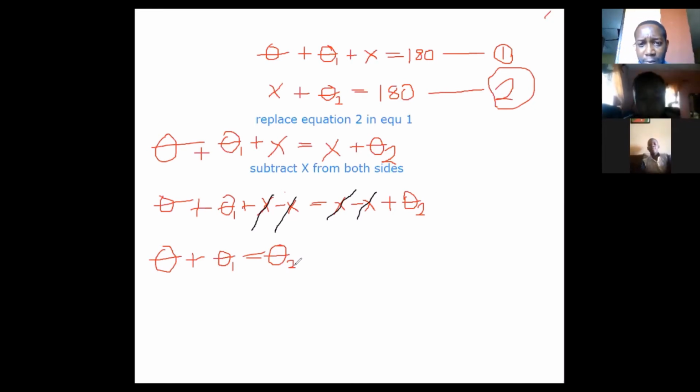You can see what I did. You can see what I'm doing, right? I want you to understand it. This is how the formula was derived. I am getting to the formula. Now, what I will do is subtract theta 1 from both sides. How do I subtract theta 1 from both sides?